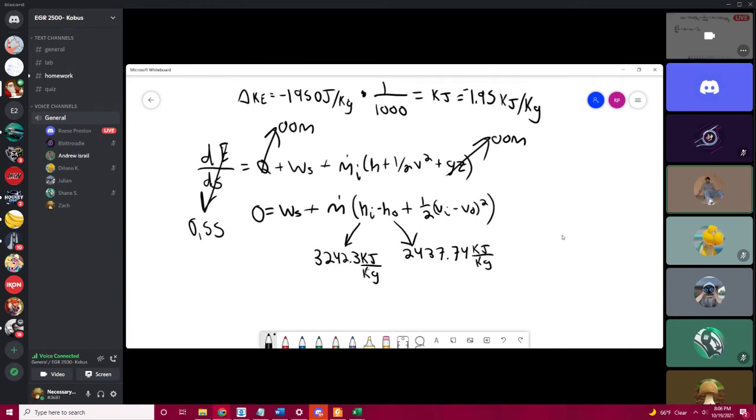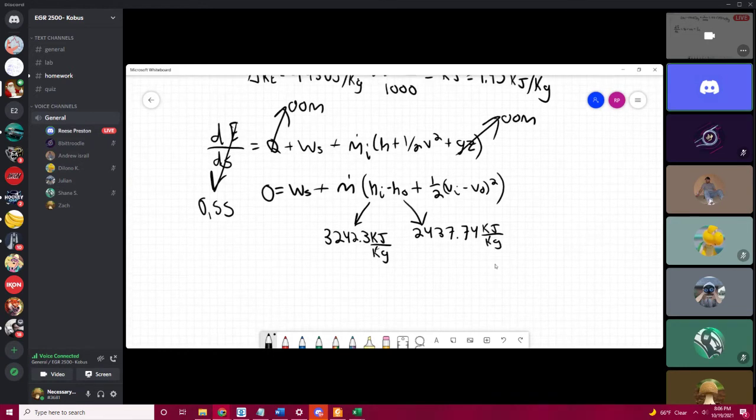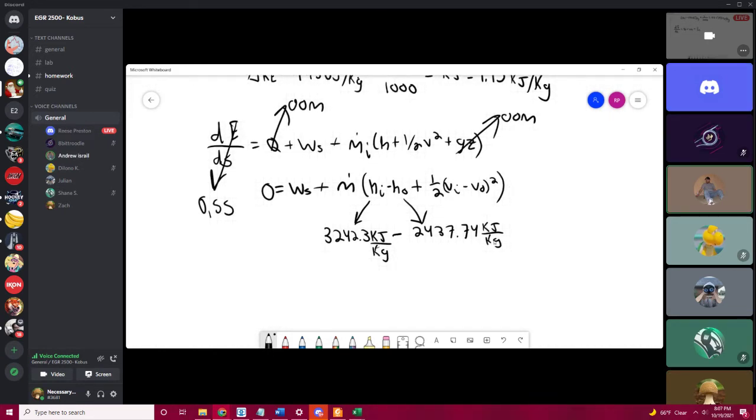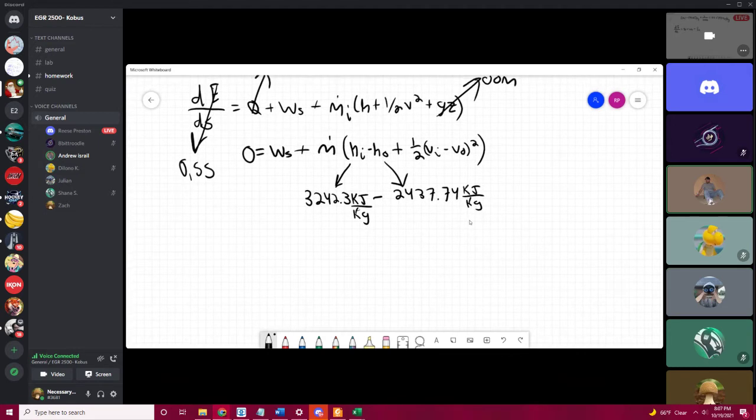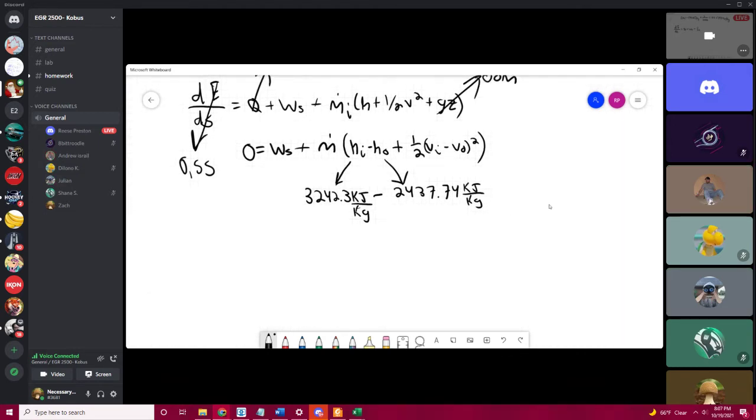And then you have a minus sign in between those. Right. Yeah. And then you also got to subtract the 1.95 kilojoules per kilogram from the last equation. Oh, because that was the total. Okay. Yeah, of the kinetic energy.